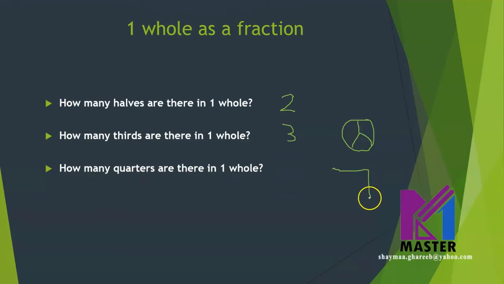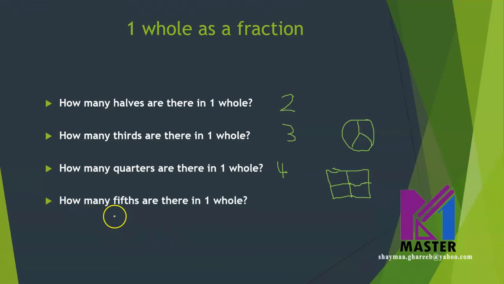The same, if you have a shape and it's already split into quarters. Okay, so how many quarters are there in one whole? Of course, as you can see, 4 quarters. What about how many fifths are there in one whole?